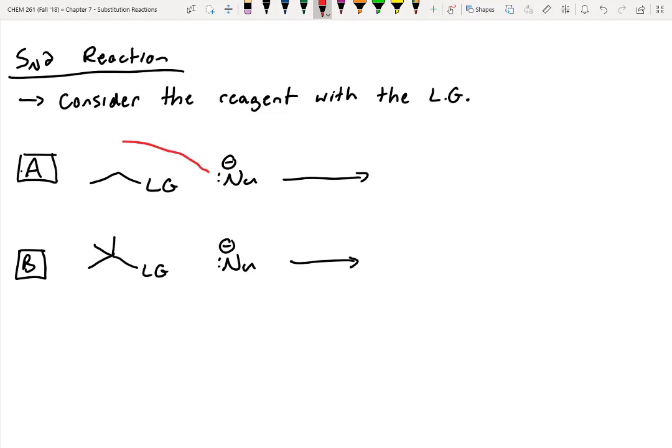So what I'm going to do is show that using tandem arrows, right? So hit that carbon that has a leaving group on it, and then kick off that leaving group all in one reaction. All right, for the other one, same idea. Do that, and we're going to swap off that leaving group for our nucleophile.